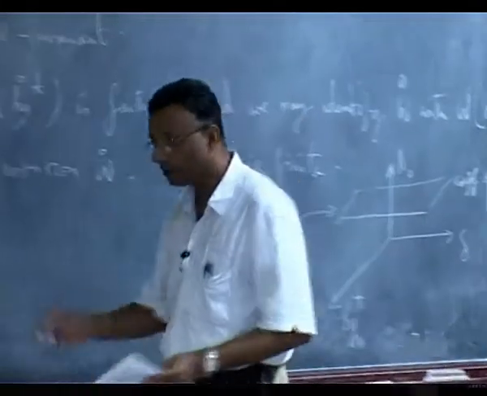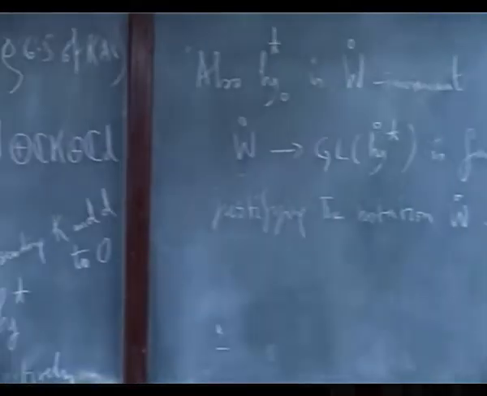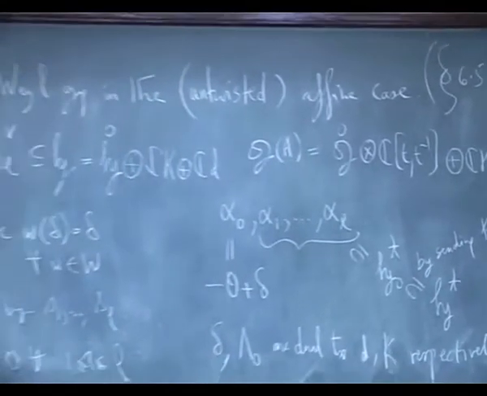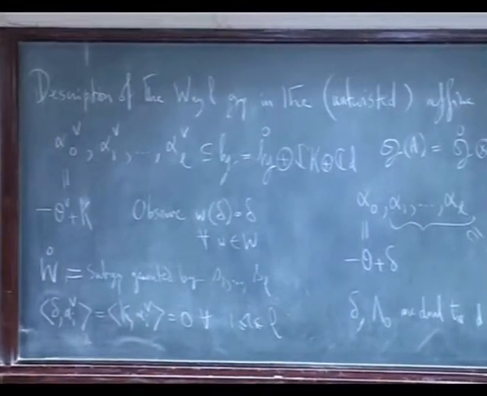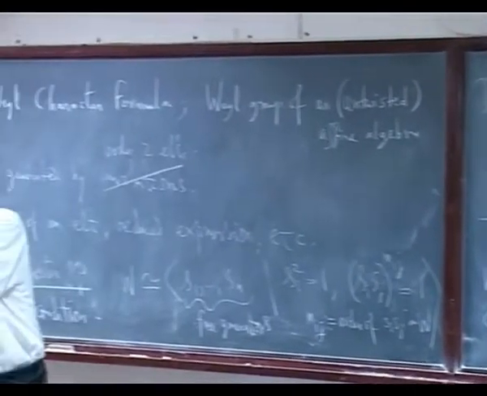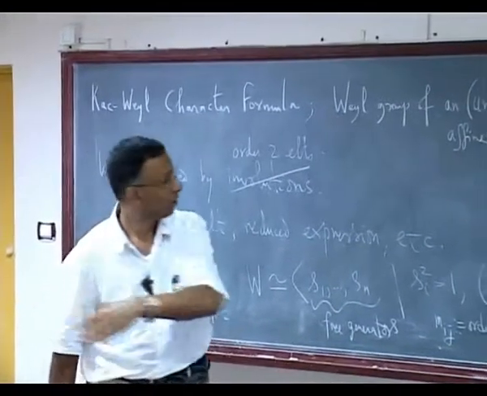Instead of writing something, let's think through why this should be true. What do I do when I act by a W element? I have s_i of v is v minus something times the coroot. Now what are the coroots?